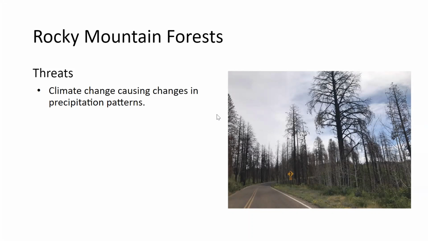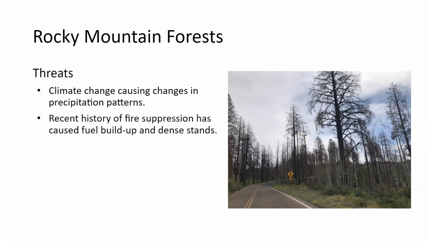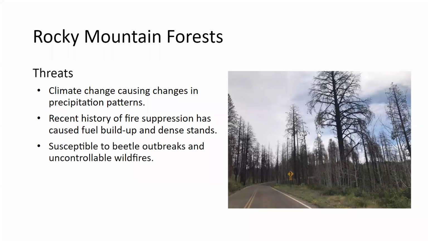In addition to fire suppression, we also have climate change that's causing changes in the precipitation patterns. So we have extensive drought, which makes these systems much more susceptible to catastrophic wildfires. Then that's compounded by a history of fire suppression and fuel buildup. Because you have these very dense forest stands, they are also more susceptible to beetle outbreaks.